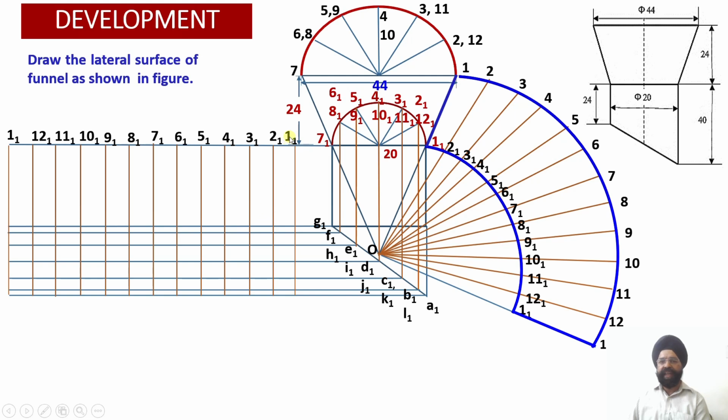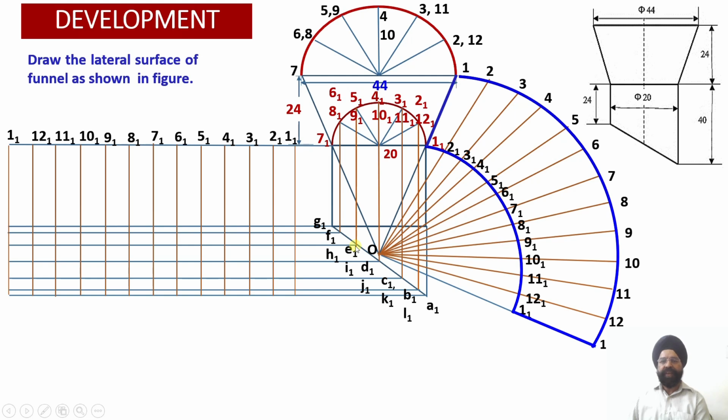Generator 1 has been cut by the cutting plane at a point A1. Generator 2 will be cut by the cutting plane at the point B1. Generator 3-1 will be cut by the cutting plane at a point C1. Similarly, 4-1 will be cut by the cutting plane at a point D1.